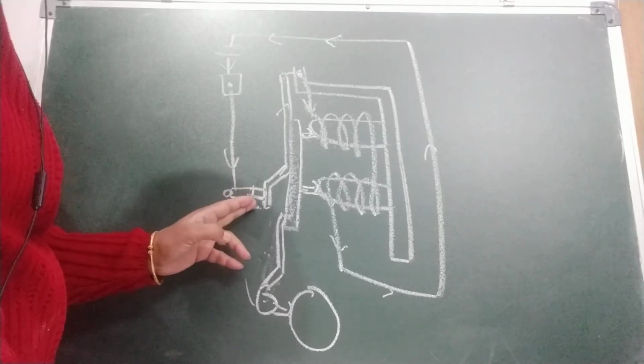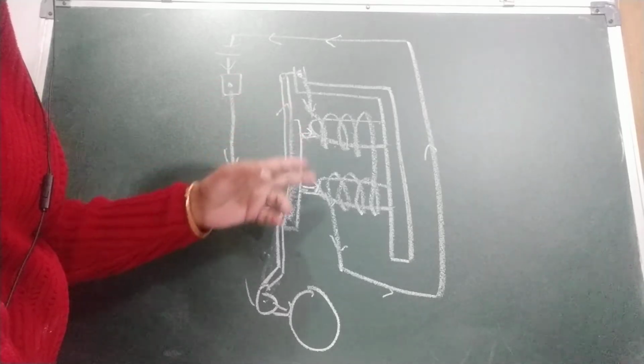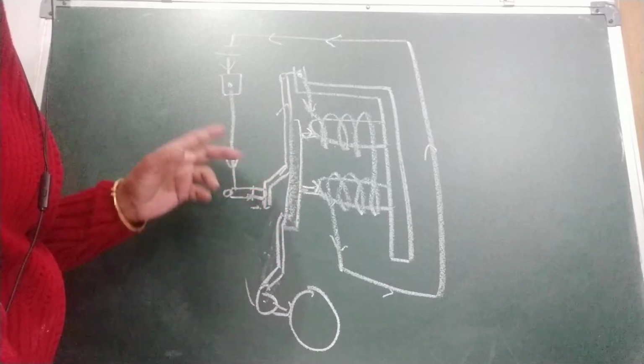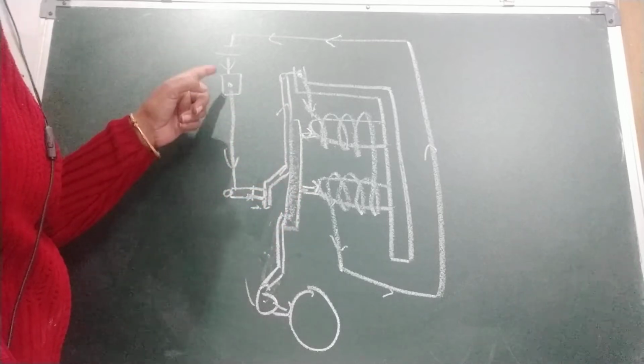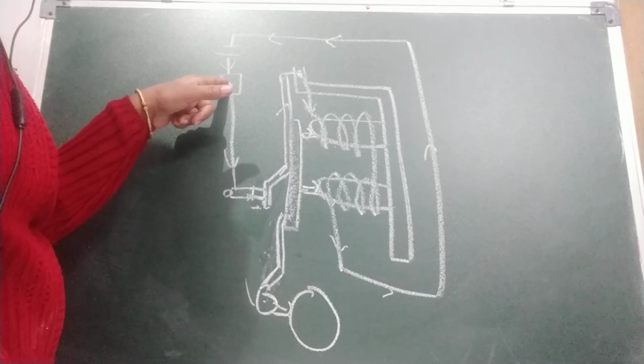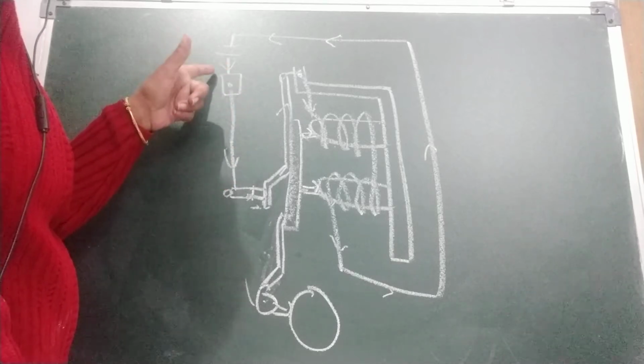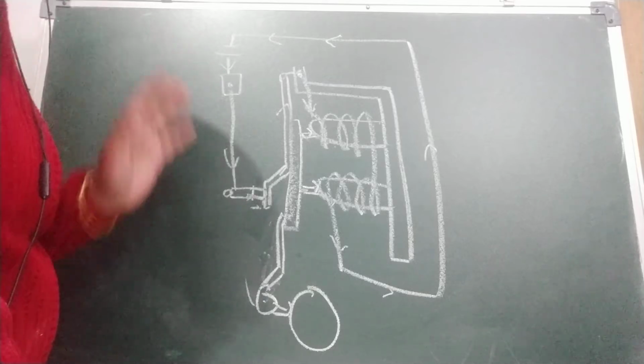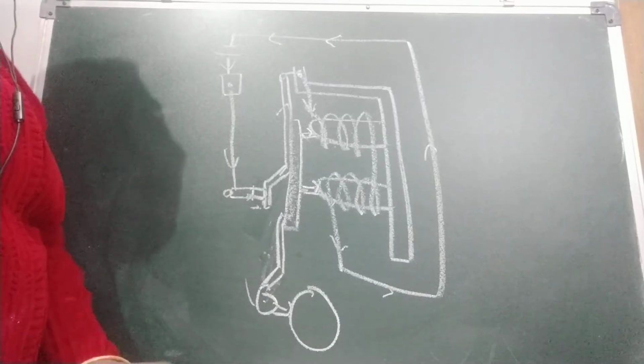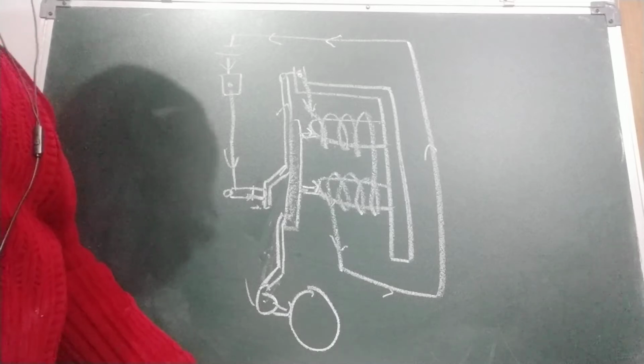Current flows again, and the cycle repeats itself till the current is switched off. Till then you are pressing the electric bell, it will ring, and when you remove your finger it will stop. So this is the magnetic effect of electric current.